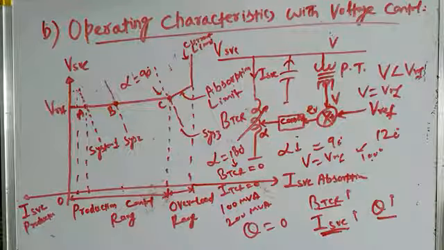So this explains operating characteristics of a TCR with voltage control, and practically the TCR, which is a part of the SVC, is always operated with voltage control in a closed loop control manner. It's never operated in open loop. However, when you design a TCR, you must know its operating range, voltage versus current characteristics.